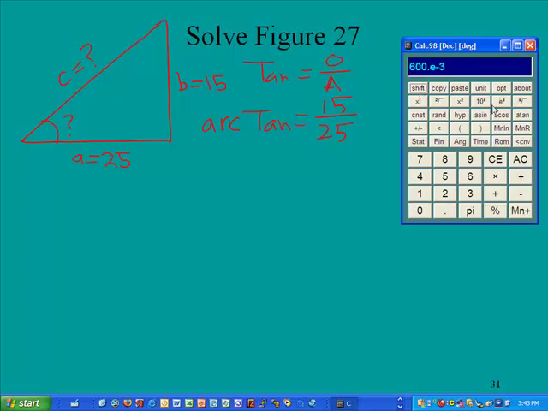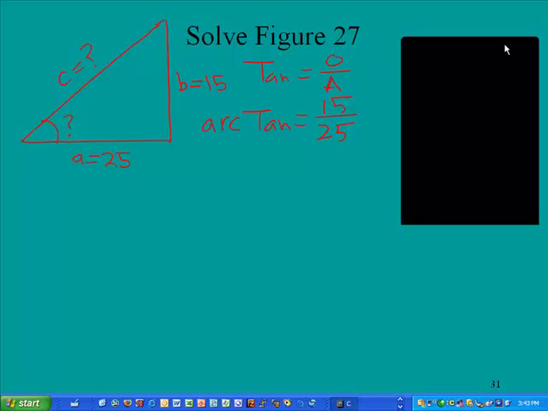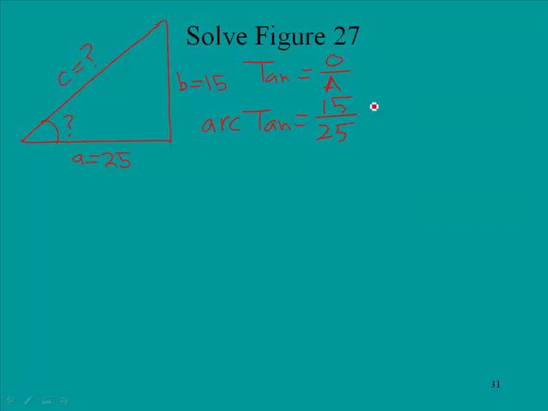So we'll go shift and arctan, and that gives us the degrees, 30.96. So we know that the angle is 30.96 degrees.